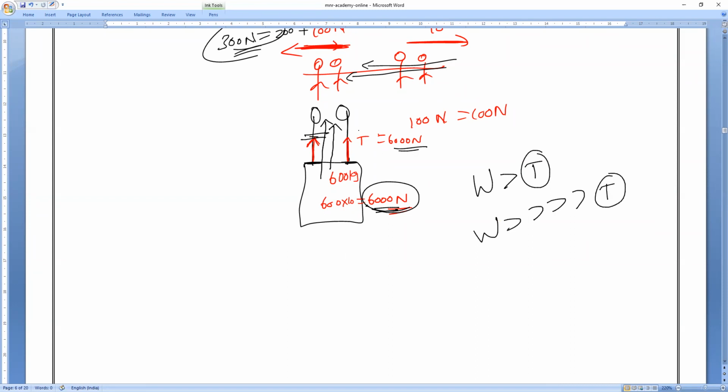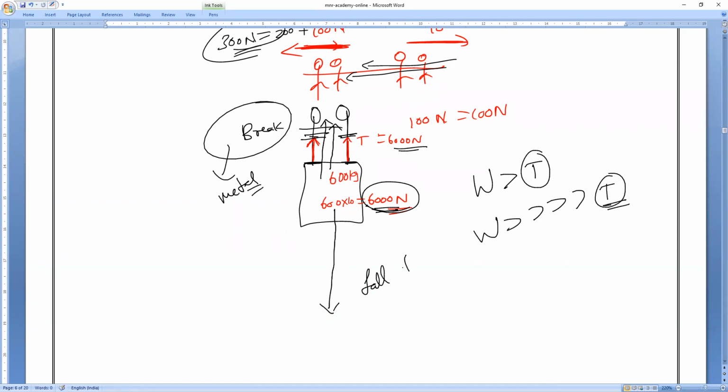The string will break. Maybe it is made of metal, doesn't matter. If the weight is greater than the tension, the string will cut, so the entire lift will fall down. Am I right or wrong? Many accidents we can see. This phenomenon is happening.